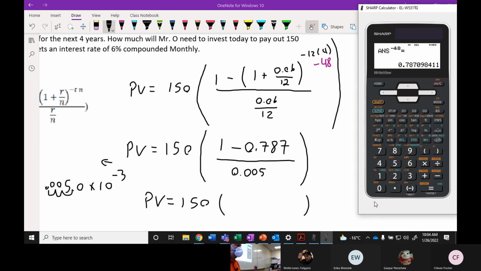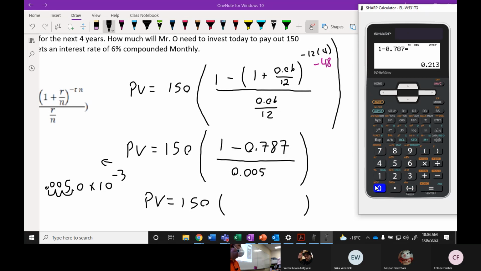Okay, now what about the negative 1? 1 minus this, 1 minus 0.787. We already did the power, so it's 1 minus answer. 1 minus 0.787 equals 0.212.